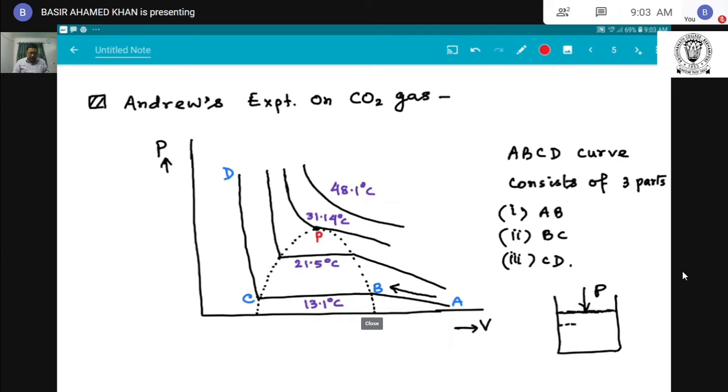This point is called the critical point. That means the liquid and vapor before condensation and after condensation are the same.